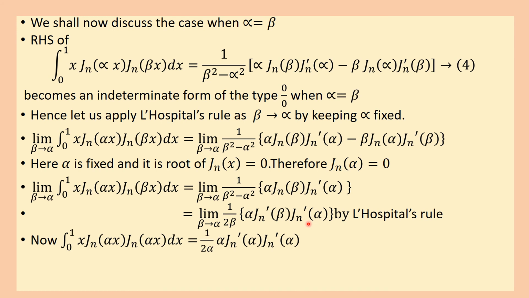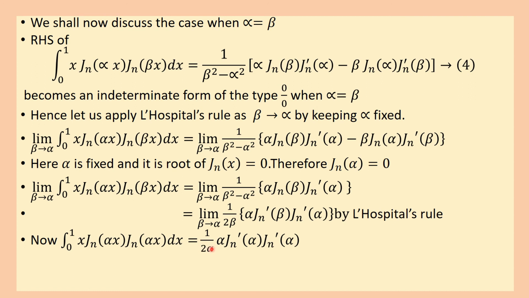So now integral 0 to 1 x Jn of alpha x into Jn of alpha x, because we applied limit beta tending to alpha, so beta we replace by alpha, equal to 1 by 2 alpha, because after differentiating numerator and denominator separately according to L'Hospital's rule, we have to apply the limit.